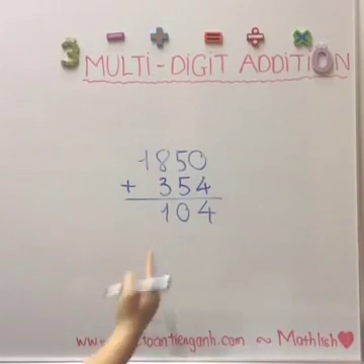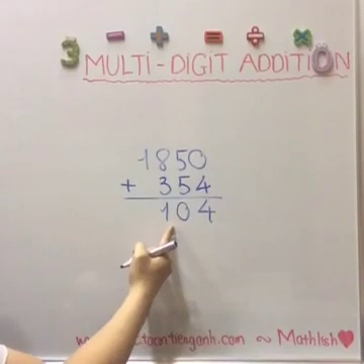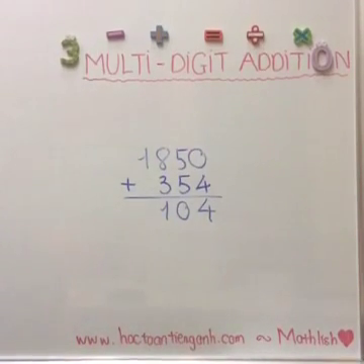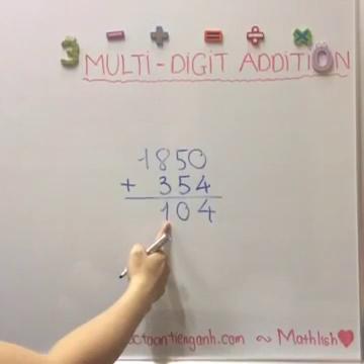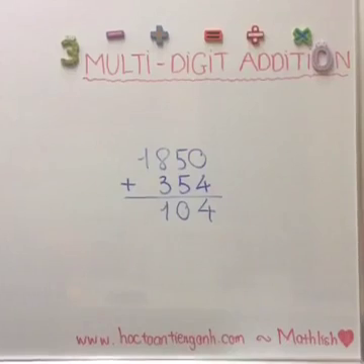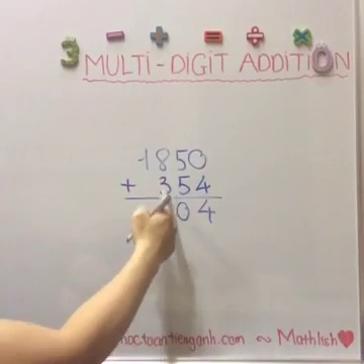But 10 is a 2-digit number, so we would need 2 digits in our answer to write it. But we can't leave a 1 in the hundreds place of our answer, because we are going to need that space when we add the hundreds place digits.